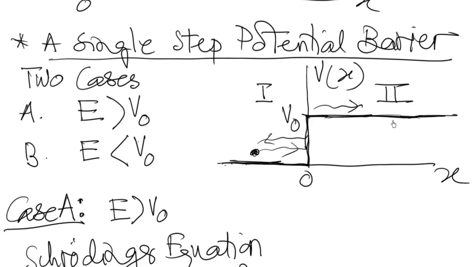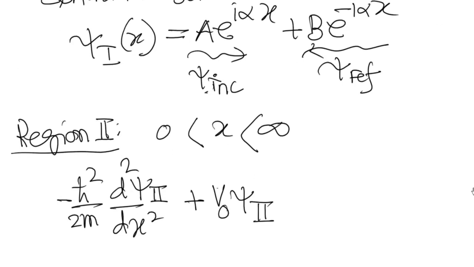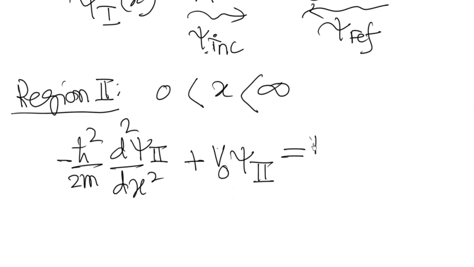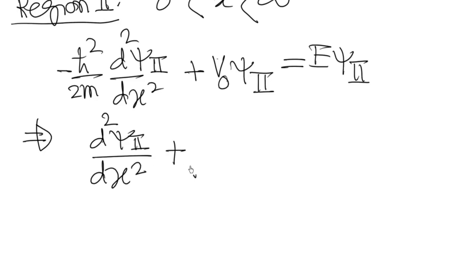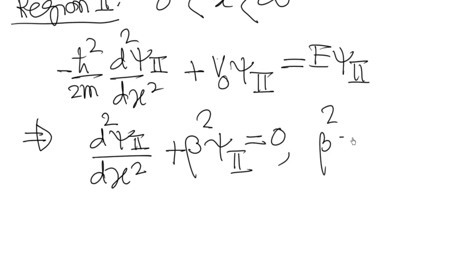You see this is V naught. This equation can be rewritten as this, and beta square here is twice m by h bar square and E minus V naught.